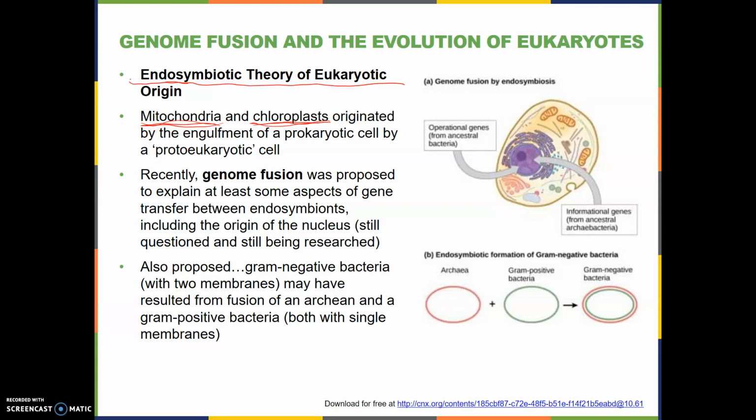So there is a theory that the mitochondria and chloroplast actually originated by the engulfment of a prokaryotic cell by a proto-eukaryotic cell. So like a precursor to a eukaryotic cell, a blank cell, if you can think of it that way, maybe a cell that had a nucleus engulfed bacteria.